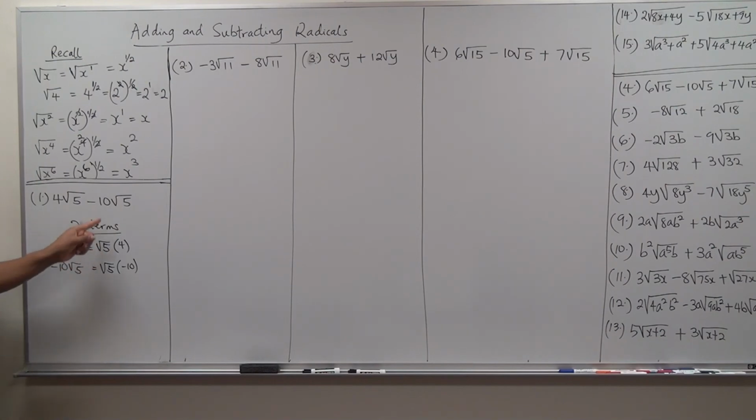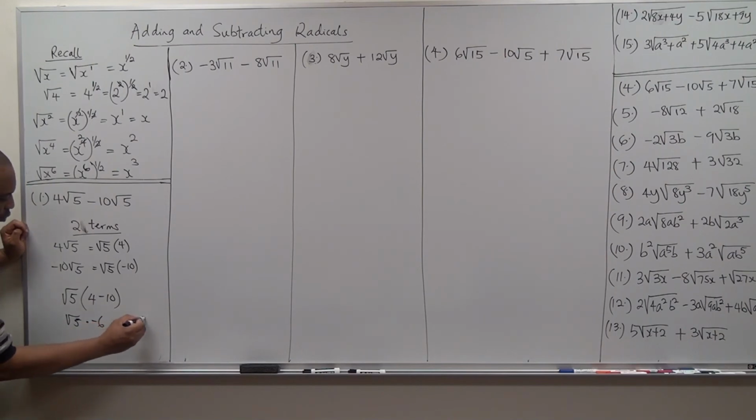We just factor out square root of 5 because it is common in both terms, and then we have 4 minus 10. And this will give us square root of 5 times negative 6, and that gives us negative 6 square root of 5.